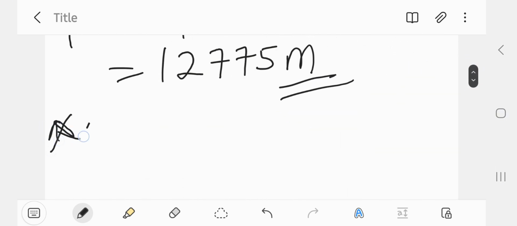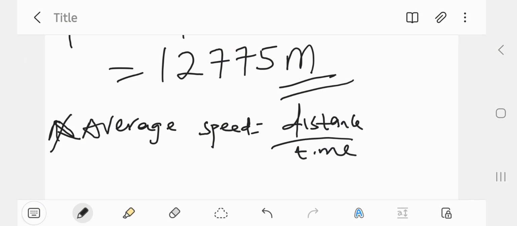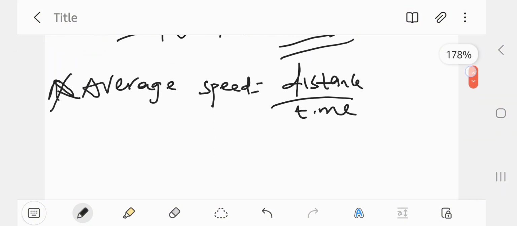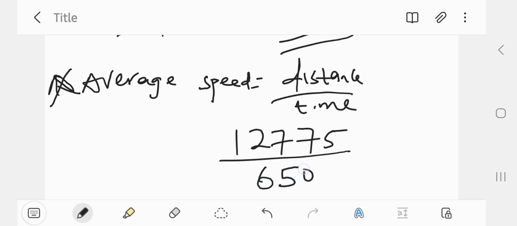So the average speed will now be equal to the total distance over the time it took. And we know the total distance already, don't we? Oh yes, we found it together. So the total distance is 12,775, divided by the total time, which is 650.